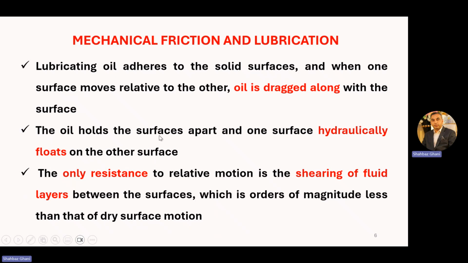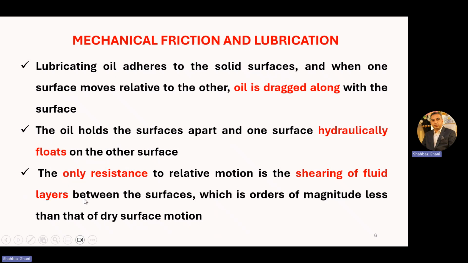The oil holds the surfaces apart and one surface is hydraulically floated on the other because of the presence of the oil or fluid which we are using in between the two mating parts. The only resistance to relative motion is the shearing of fluid layers between the surfaces.